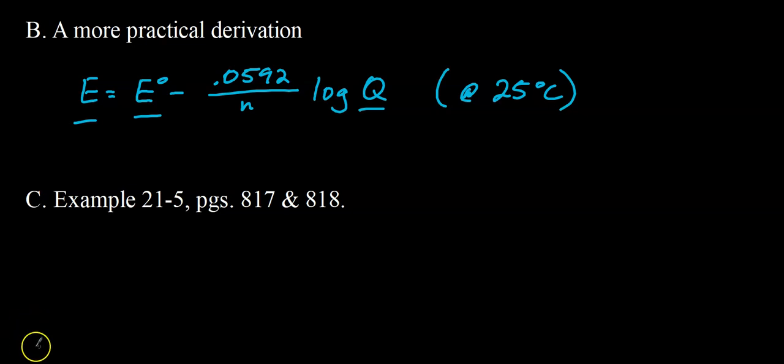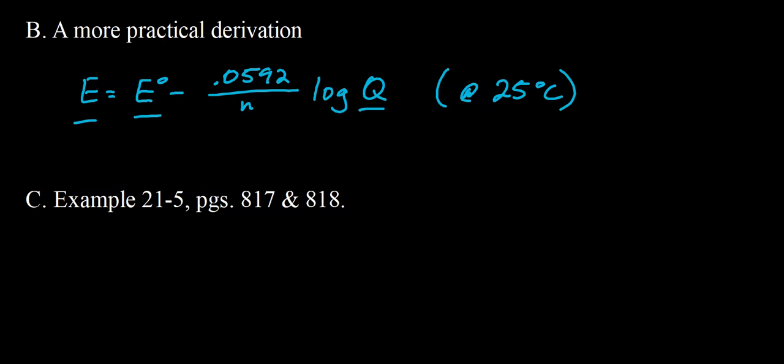All right, let's take a look at example 21.5. For this particular problem, we're just looking at one half reaction. It says, calculate the potential E for the iron 3, iron 2 electrode when the concentration of iron 2 is exactly 5 times that of iron 3. So take a look on the next page.